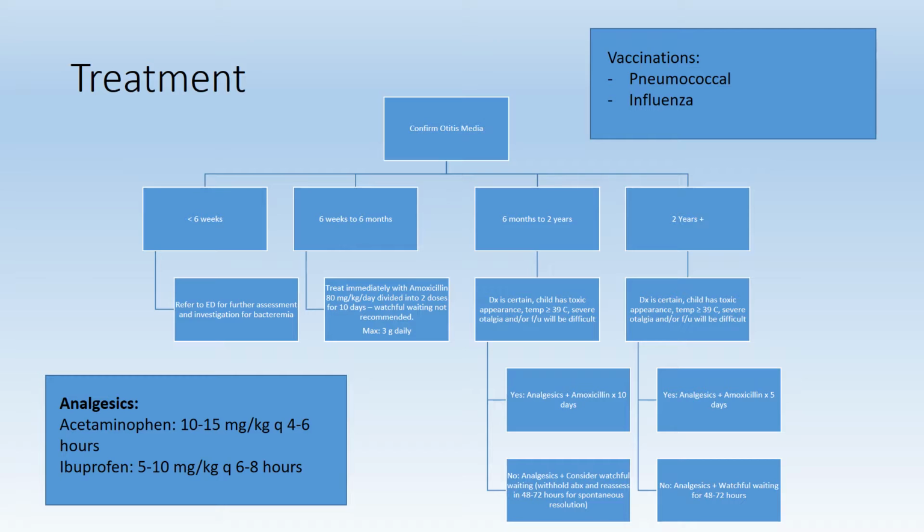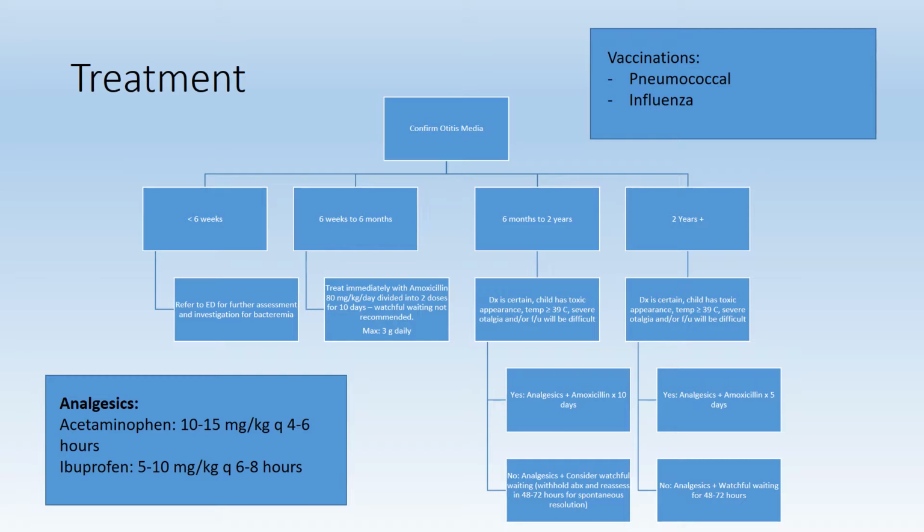The number needed to treat with antibiotics to improve symptoms is 8, and the number needed to treat to harm is 10. So as you can see, the first recommendation for antibiotic treatment is amoxicillin, 80 milligrams per kilogram per day.